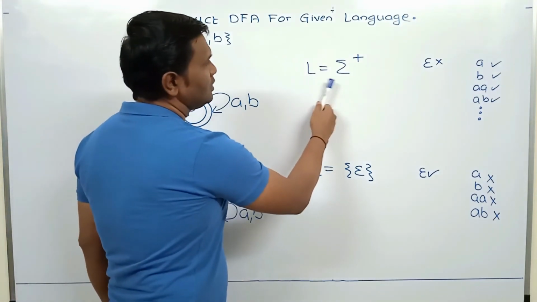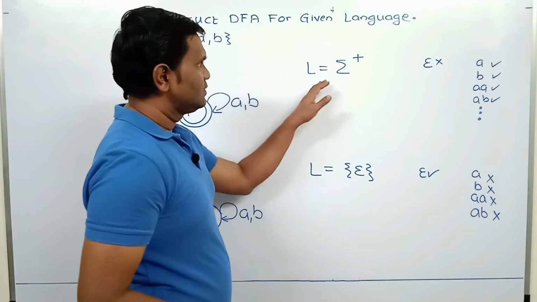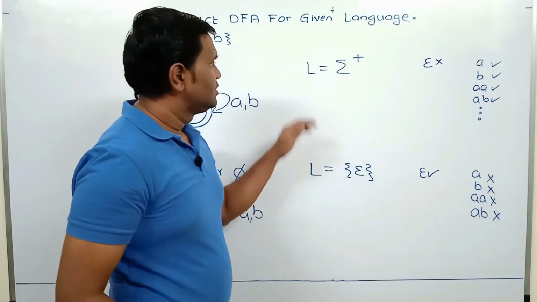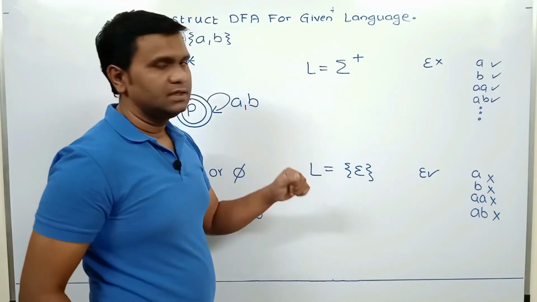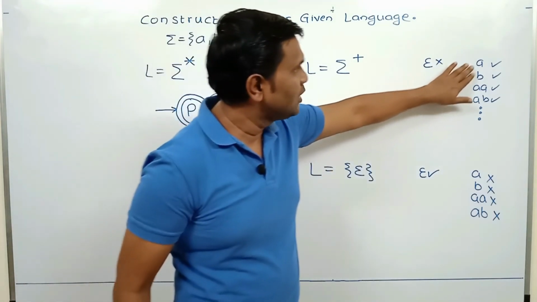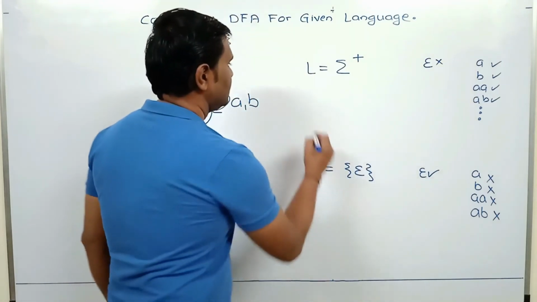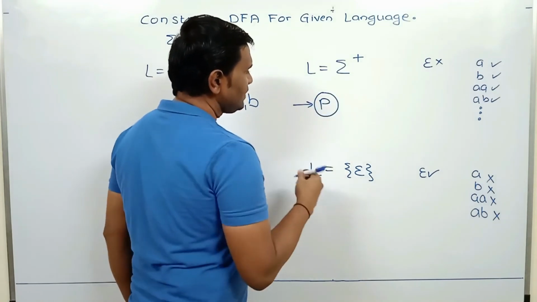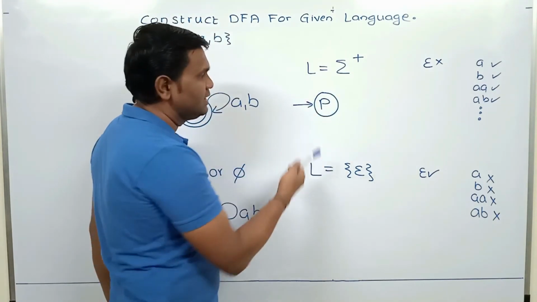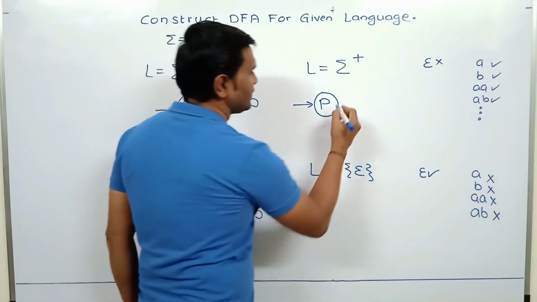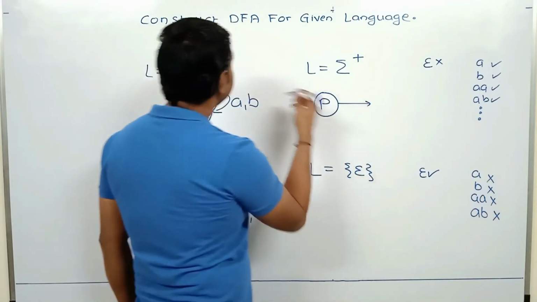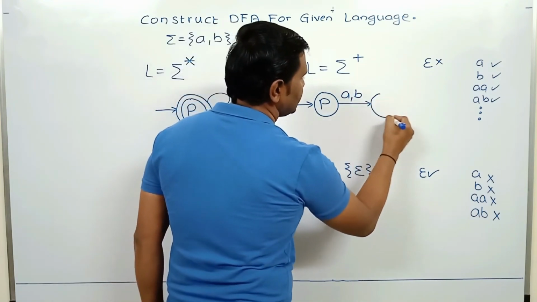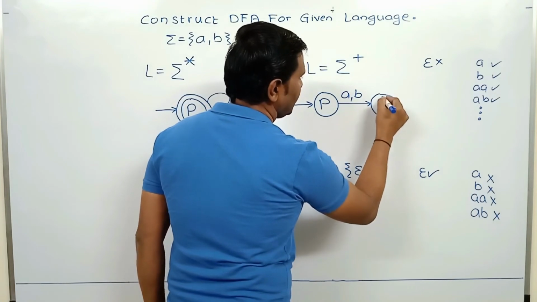Now consider L equal to sigma plus. Now sigma plus does not contain epsilon. It contains every other string. So when we design the DFA, it should reject epsilon and it should accept every other string. So we take initial state P. Now epsilon is not part of the language. This is a non-final state. Now the alphabet contains A and B. So on A or B, we go to a state Q. We mark it a final state.